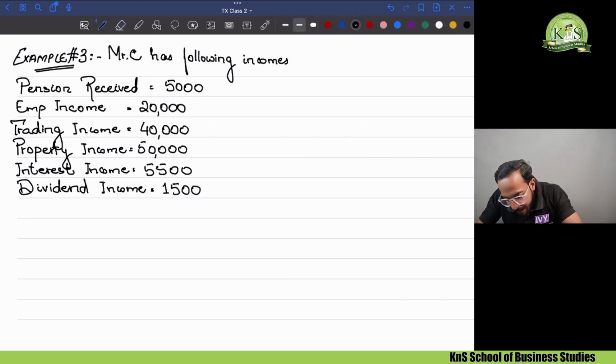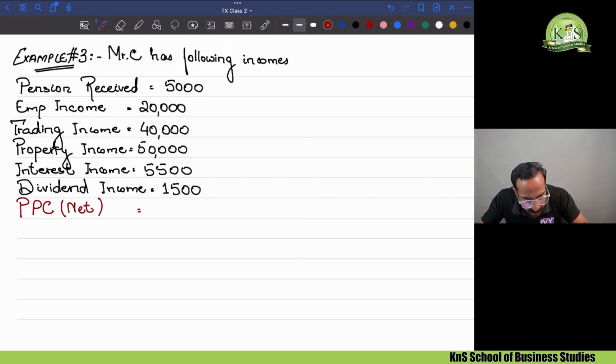Now I am adding that Mr. C contributed in PPC, net amount. If the examiner is writing the net amount, make it gross. If the examiner is silent, assume that it is a net amount. You need to make it gross. Let's suppose 10,000.